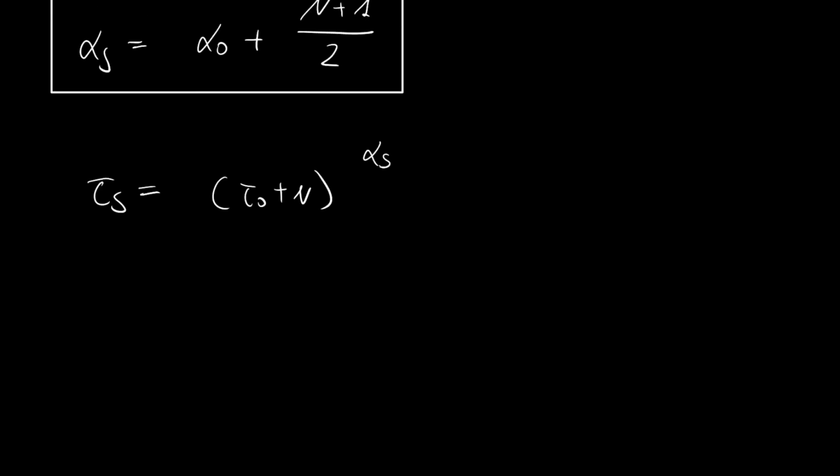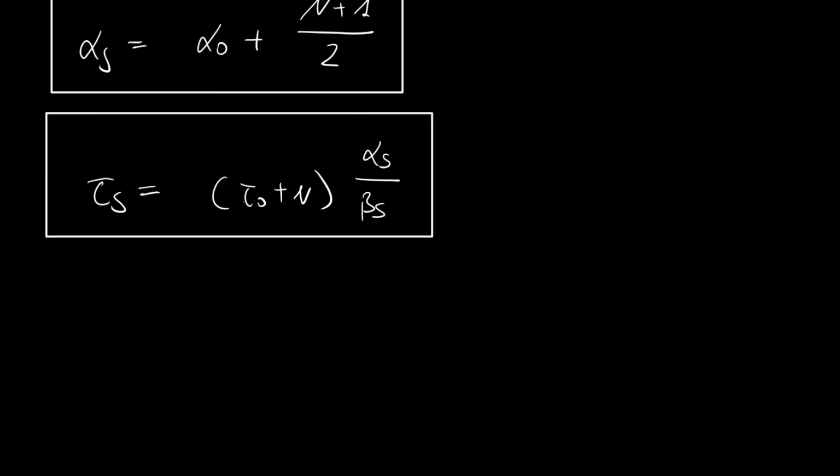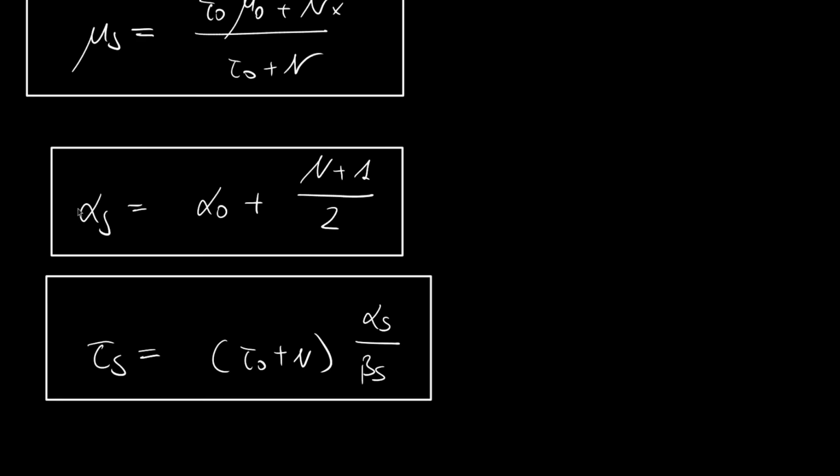So it is alpha s divided by beta s, and this will be the result for the tau s. If we have evaluated alpha s, then we can just evaluate tau s, but we need beta s for it. So let us also note down beta s.